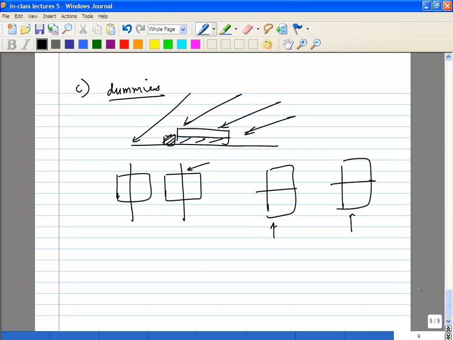Since it's coming at an angle, let's say it's coming from this direction, this transistor lies in the shadow of the second transistor. So you will have some gradient, and this kind of thing will prevent that. Obviously you can also draw it like this, placing one below the other. But remember, if it comes from this direction, you will have much less shadowing because the gate is longitudinal. So what you want to do is make sure the gates are in the same direction.